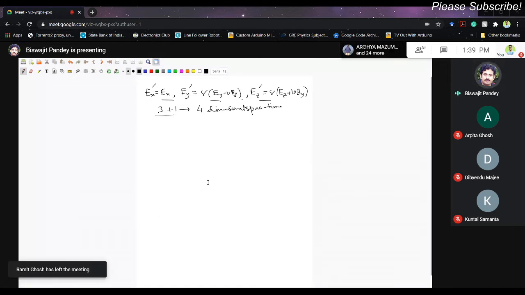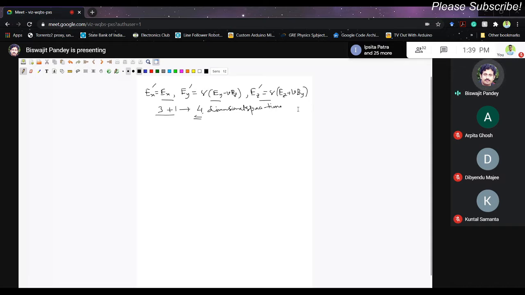Then what are the other possibilities? We have to explore that, because electric field is not a four-vector, magnetic field is also not a four-vector, and together they cannot constitute a six-vector at all. Now we are in four-dimensional space-time, and if we think in terms of tensors, what is a tensor? You must have used tensors in your other courses, so it's definitely not new to you. Tensors are mathematical objects which can have multiple components.